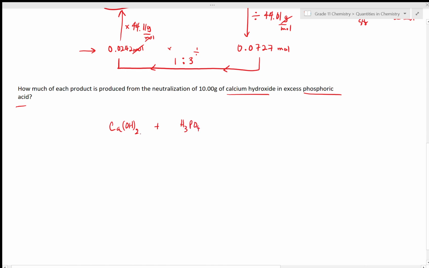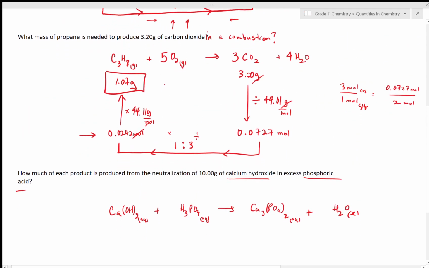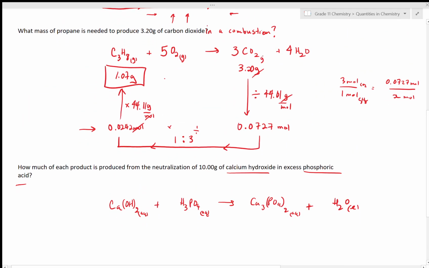Now I'm being lazy, these are aqueous. And that will produce some calcium phosphate, aqueous, and some water, H2O liquid. I was also lazy in the other one. These are also gases here.